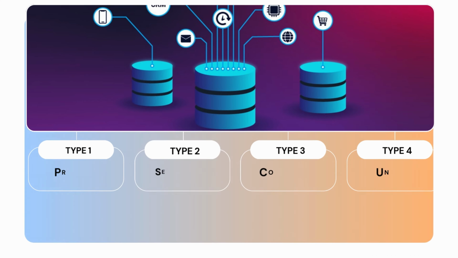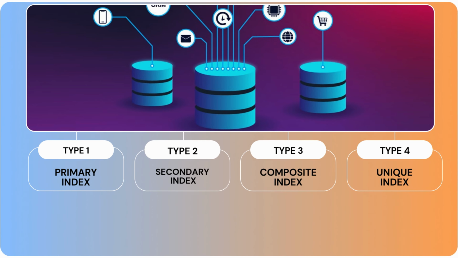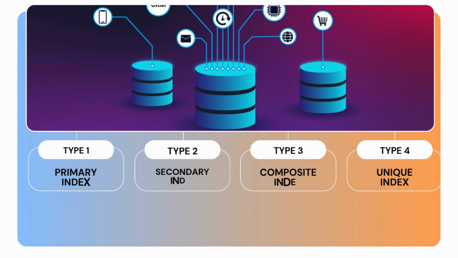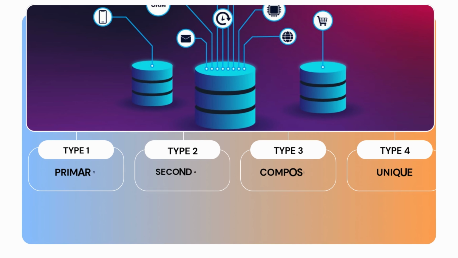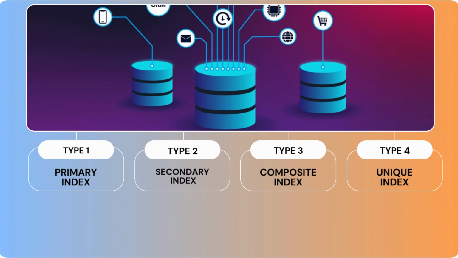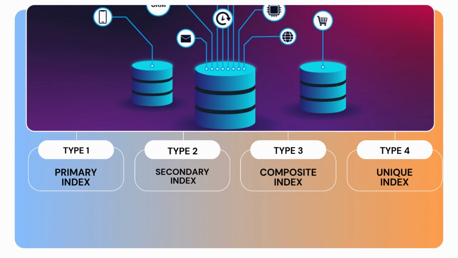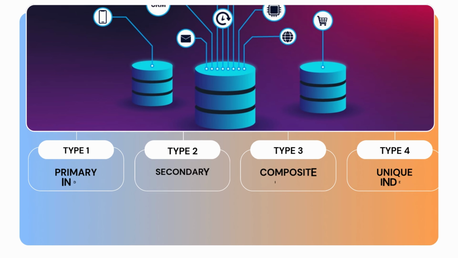So now let's delve into some of the types of indexing that we have. We have what we call the primary index. This is created automatically. It's based on your primary key and it uniquely identifies each row. The second one we have is a secondary index. This is where you as an engineer make decisions and you create indexes on fields you search often, like email in a login system.